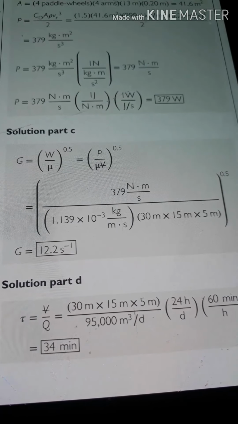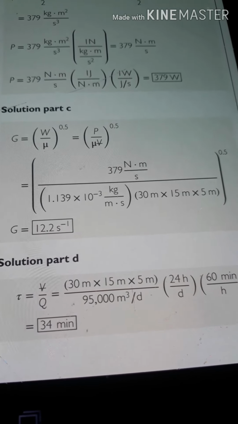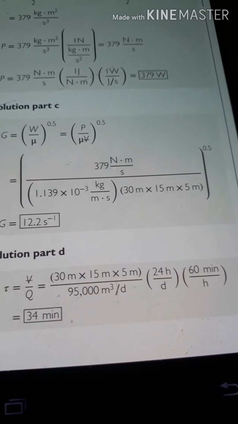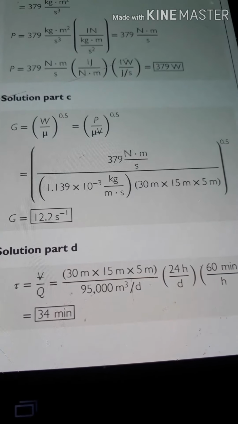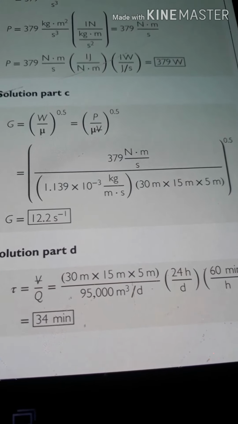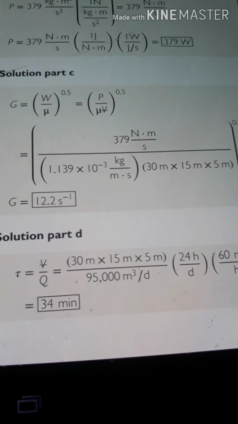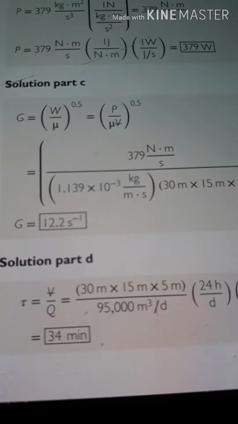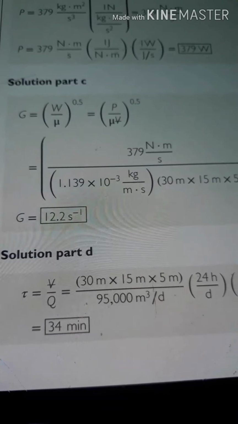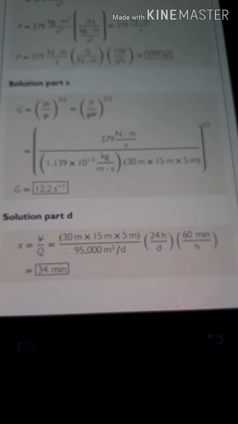Our solution part C, which is to find the velocity gradient, is equal to the power imparted to water per unit volume, represented by W, over the absolute viscosity of water, represented by mu, raised to 0.5. This is also equal to the power imparted to the water, represented by P, over the absolute viscosity of water, represented by mu, times the volume of the basin, represented by V, and this is raised to 0.5.